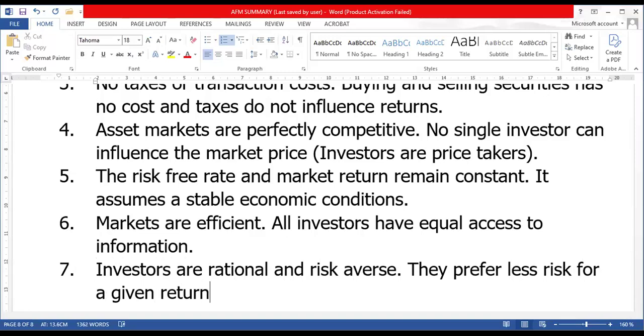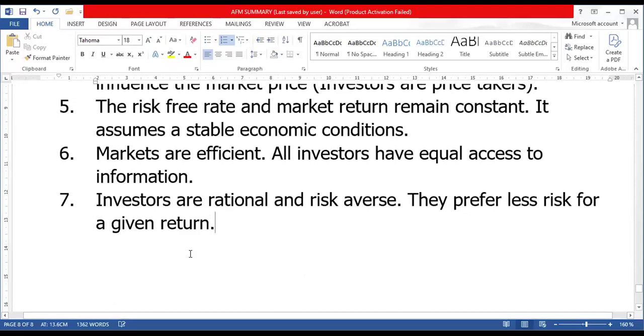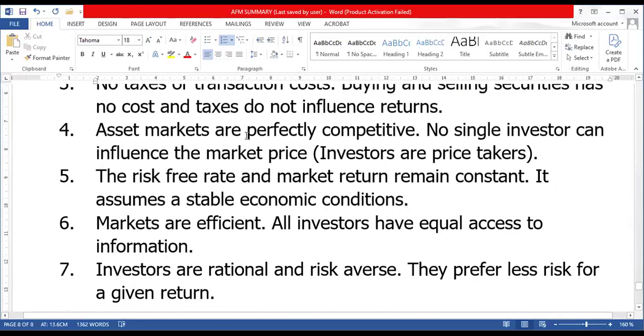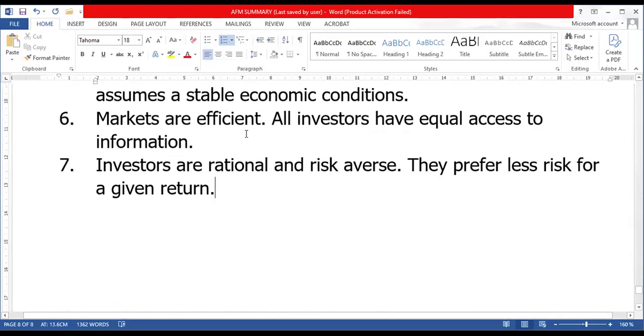They can only invest in a risky asset or investment if they expect a higher return. So I think these points are very easy to recall if they ask you the assumptions of CAPM.